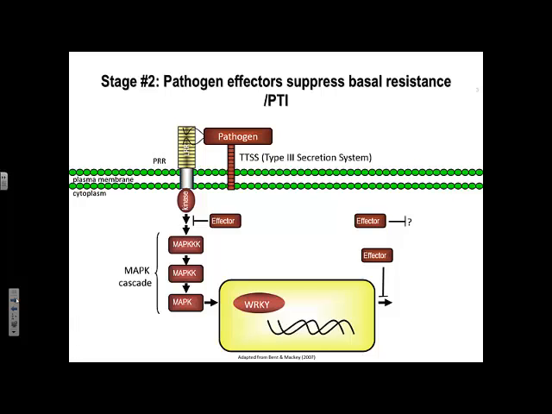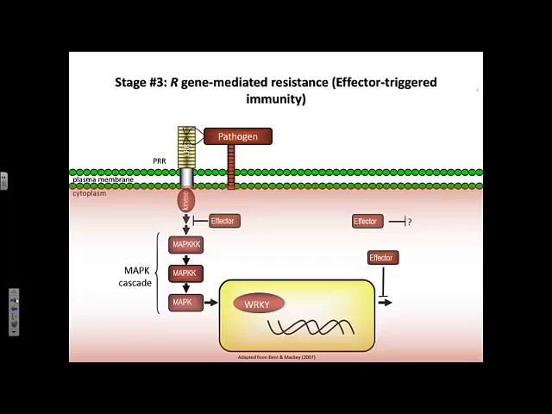Now that's where I will introduce resistance proteins, R gene-mediated resistance. That's also called effector-triggered immunity, in short, ETI. What it does is that the R gene, the resistance gene from the plant, recognizes the presence of an effector, and it will trigger a series of responses in plants.